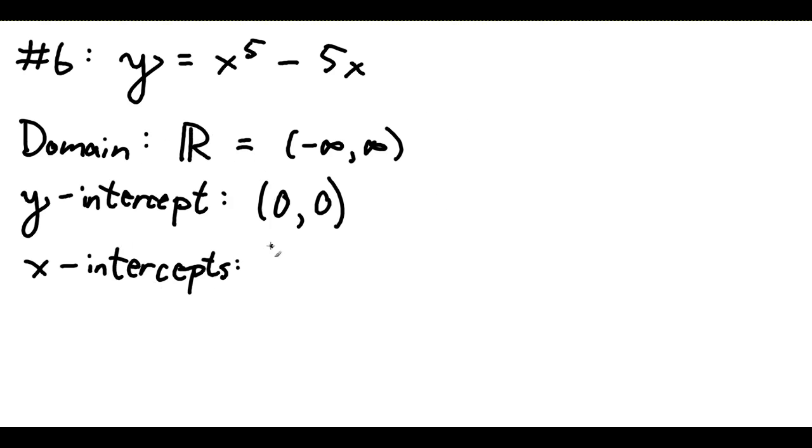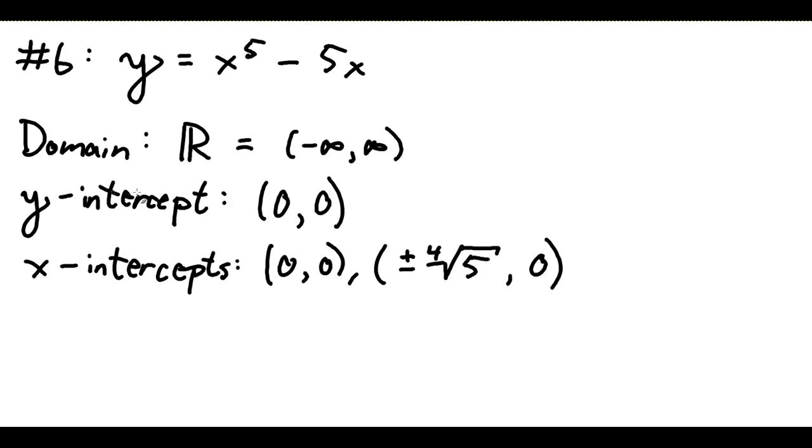So for x-intercepts, we have (0, 0), and we also have plus or minus the fourth root of 5, 0. Don't forget that intercepts are points in the plane, so they should, in principle, always be listed as ordered pairs.